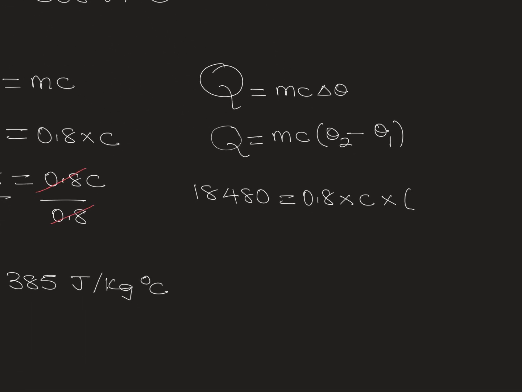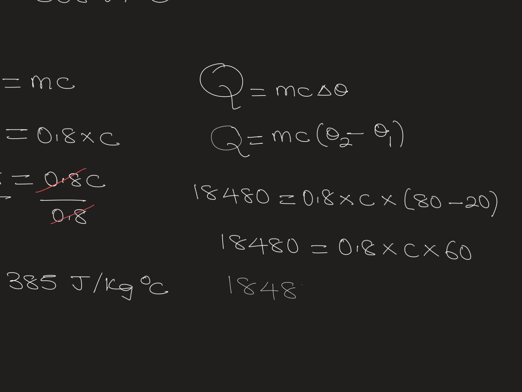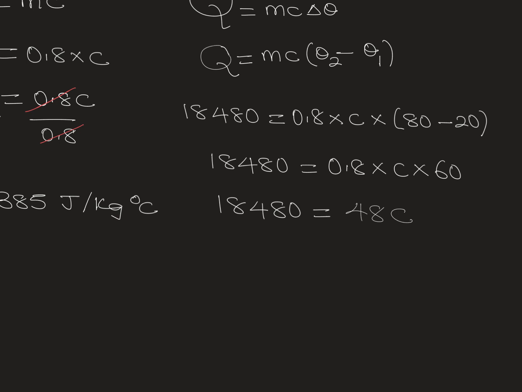So we're going to have 80 minus 20. That is 18,480 is equal to 0.8 times C times 60. So 18,480 is equal to 0.8 times 60, which is 48. So that will be 48 C. To find C, we have to divide both sides by 48.